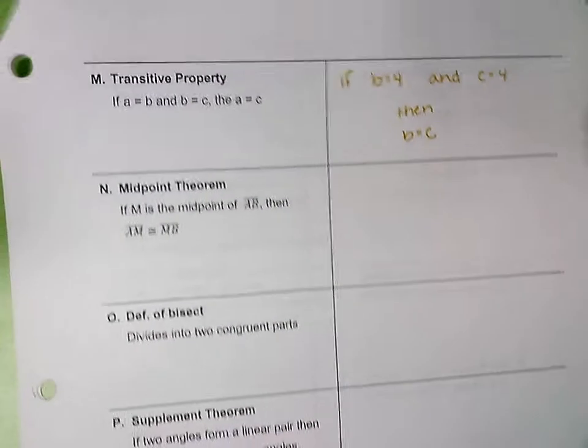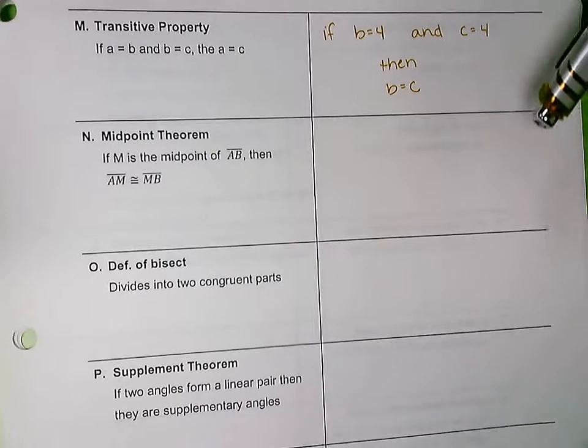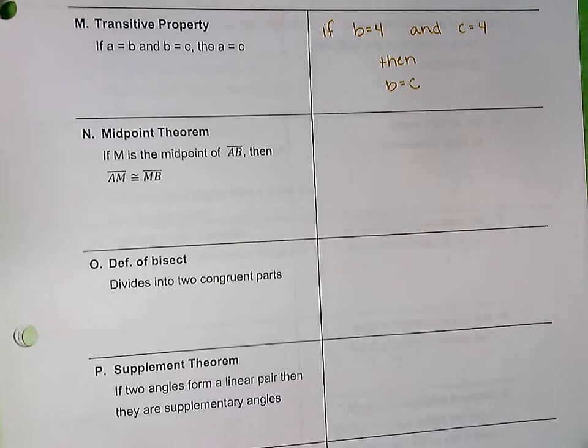Next is the midpoint theorem. If M is the midpoint of segment AB, then segment AM is congruent to segment MB. We did go over midpoint already in chapter 1. That's one of the first things we went over.